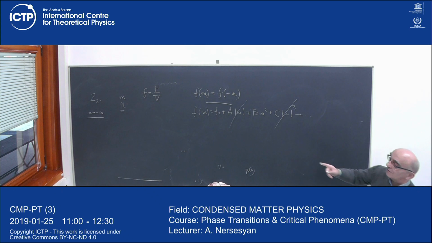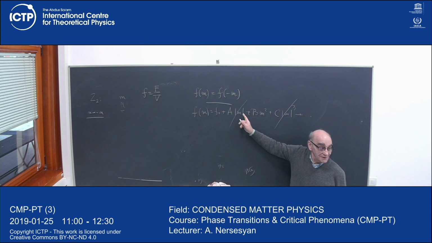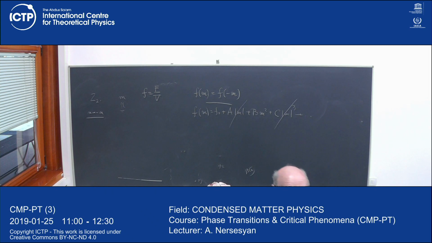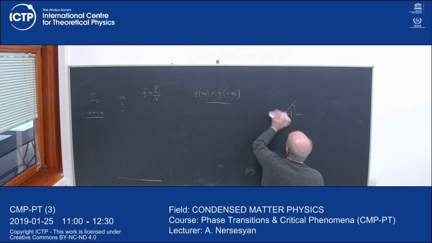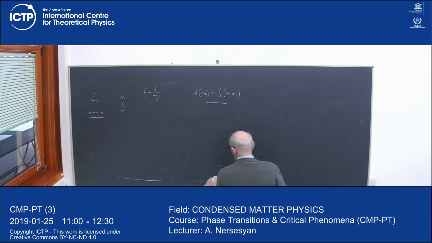Why? Because if you calculate the derivative of this function, here you have a modulus, and you nearly inevitably will have a jump discontinuity at the point M equal to 0 for the first derivative. And then you may observe the same for higher derivatives and so forth and so on. So therefore, this doesn't work. The assumption is that the free energy must be a continuous and analytic even function of M.